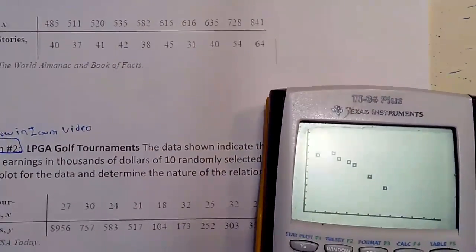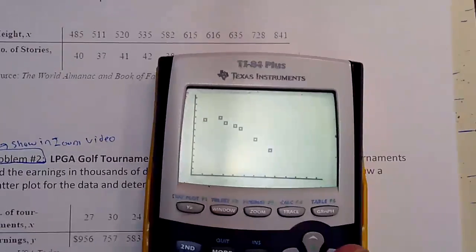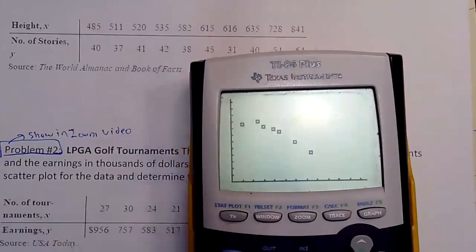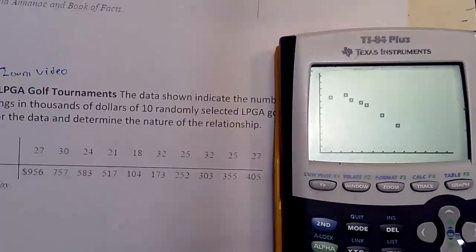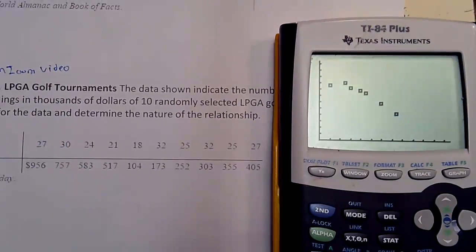Okay, so let's go ahead and turn this on, and let's input our data then. Okay, so go to stat, which is right here.